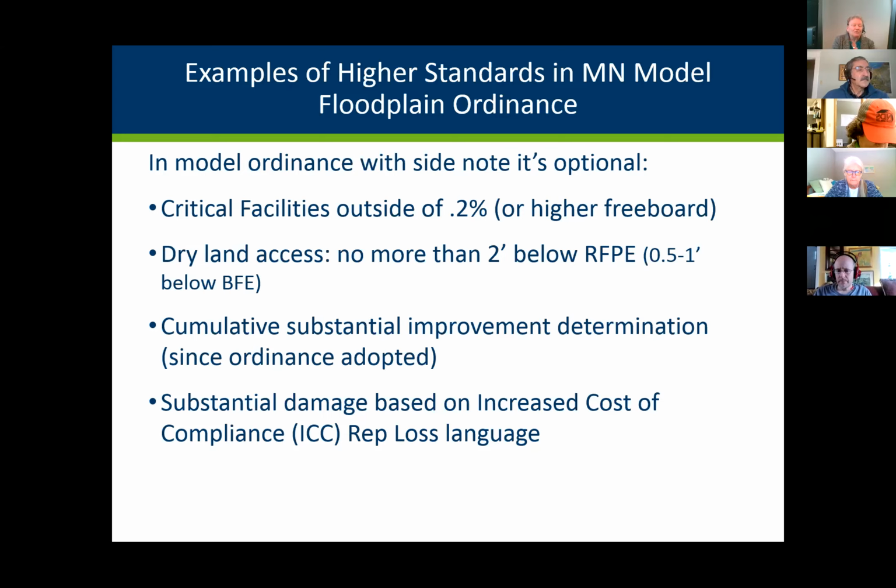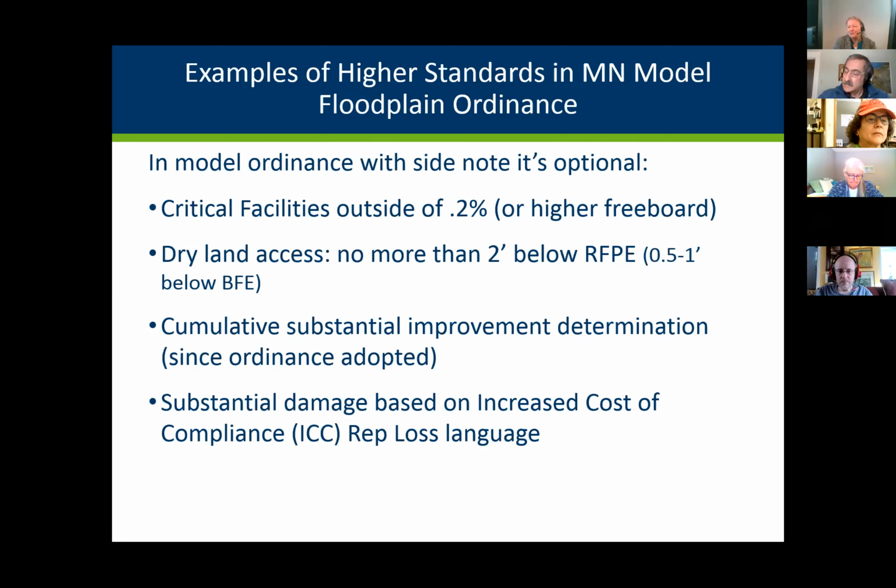And in our model floodplain ordinance, we actually have some of these higher standards. For example, critical facilities outside of the 0.2% floodplain, a dry land access requirement, so you don't leave these buildings on islands stranded in the middle of the floodplain, with access that's not too far below the flood elevation.